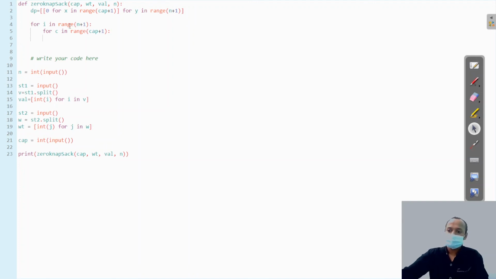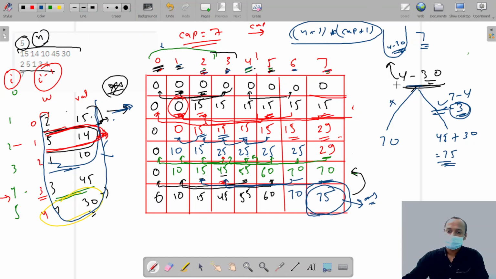Now what is the condition to put this item? The weight of the item should be less than or equal to the capacity. It means capacity is greater than or equal to the weight of the item, so we can take this item.